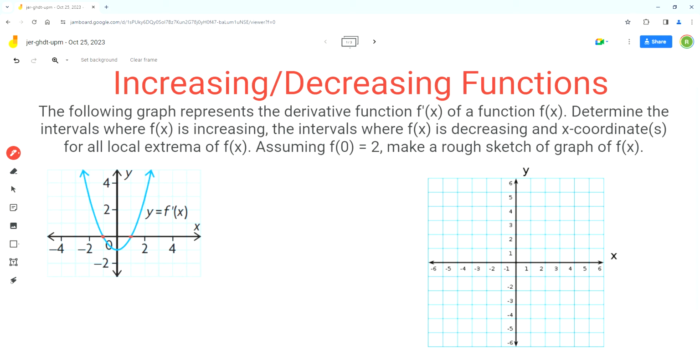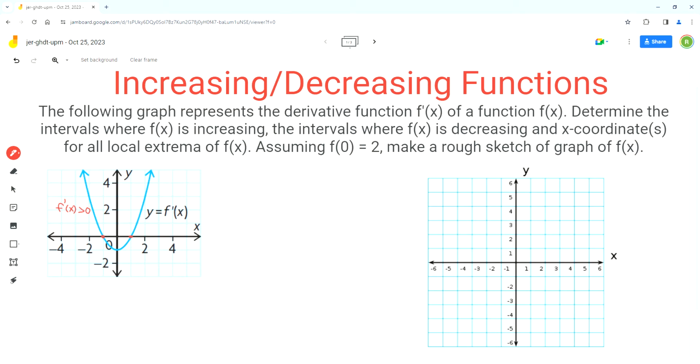On the left side of the x-intercept -1, the graph of f prime of x is above the x-axis. That means to the left side of -1, f prime of x is greater than 0.